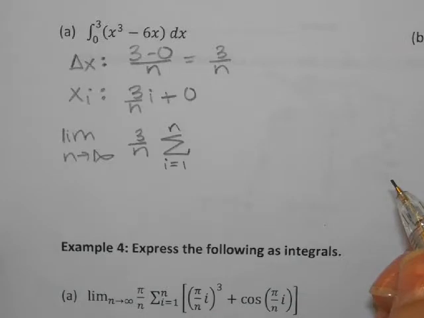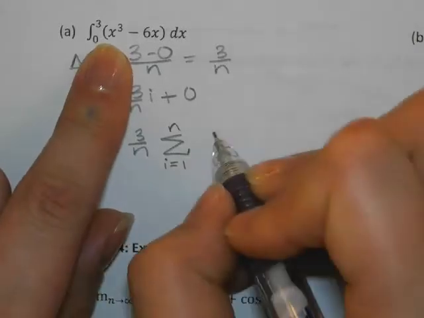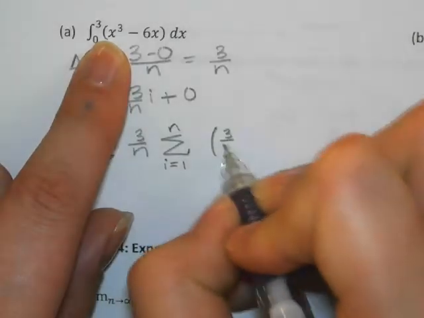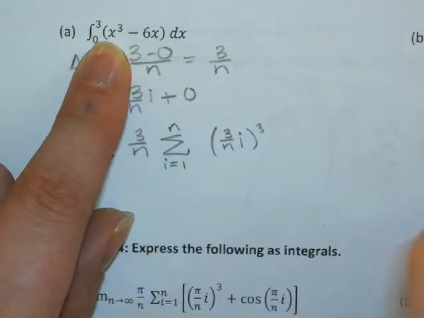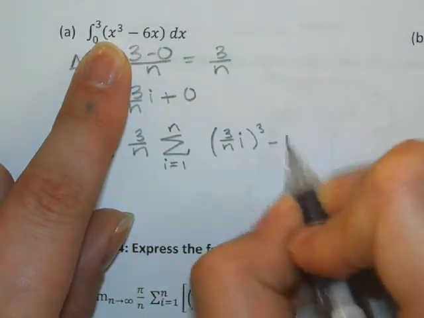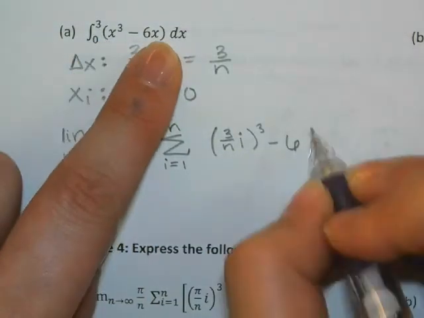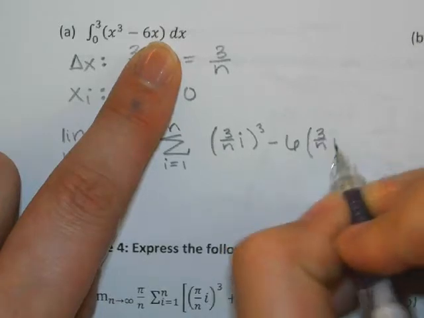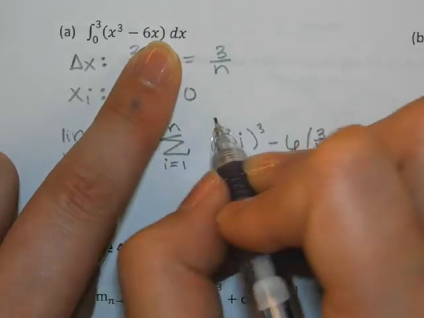And then we have to think about the function that we're plugging all the stuff into. Okay, so it's going to be 3 over n i cubed minus 6 times 3 over n i. I'm going to put brackets around that.